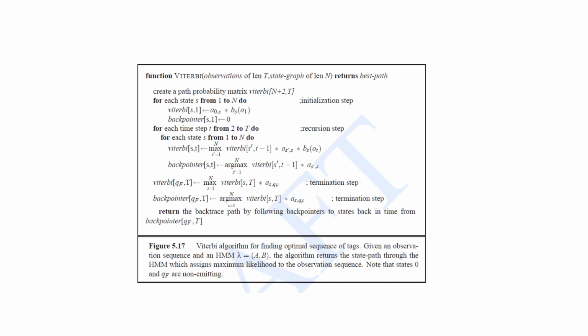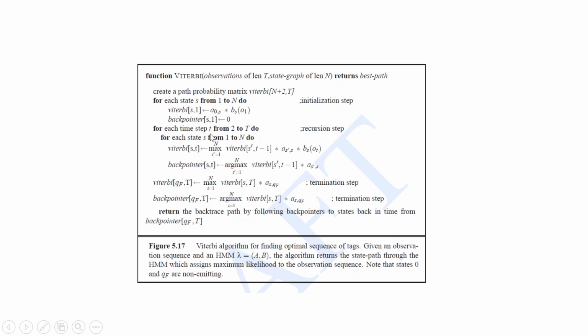It is initialized like that, and the back pointer data structure contains the path from start state to end state which has the best, maximum probability. This back pointer will have the path of the states through which we pass, and the states actually stand for the correct tags. So if you look at this back pointer data structure, we will have the best tags for the input symbol sequence. Now this is the initialization part.